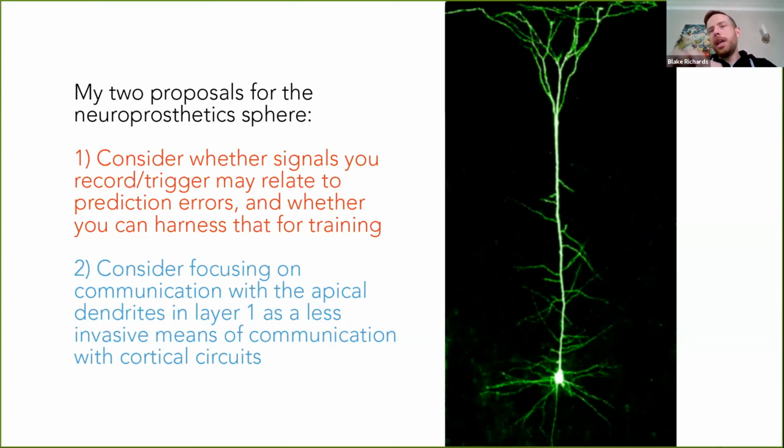And the apical compartments are so distant from the somatic compartments that they are in fact electrotonically segregated. Inputs to the apical dendrites can often not propagate down to the somata at all.